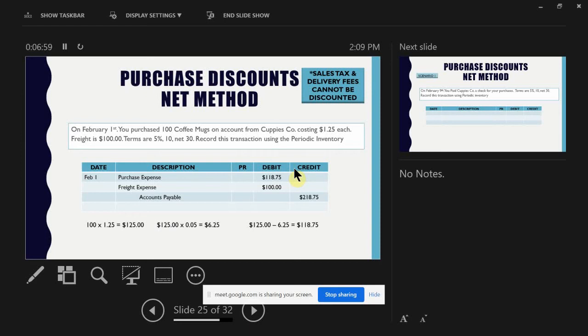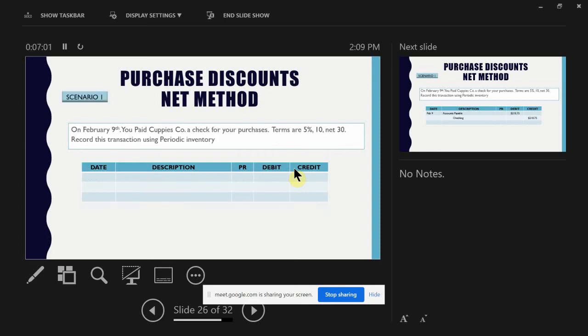Okay? So then when the day comes, the 9th, I pay them my amount of $218, because I've already taken the discount out. I don't need to create another extra account to recognize the discount. I already took it out. Okay?